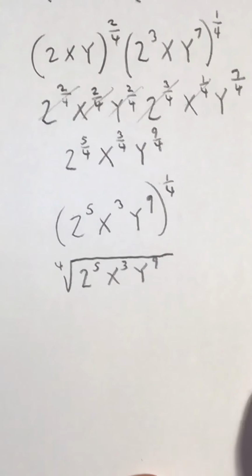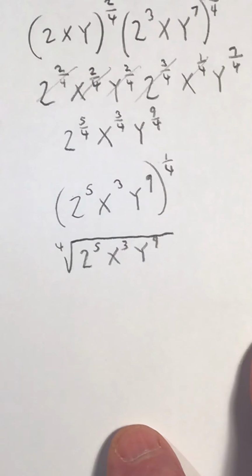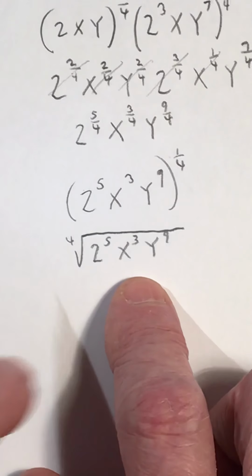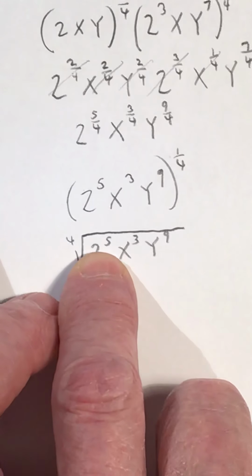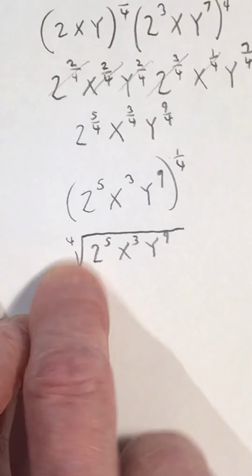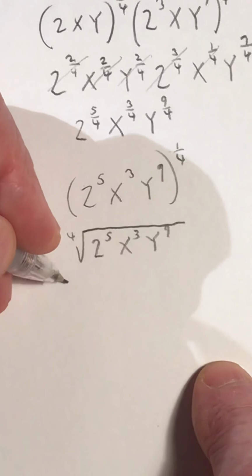This is a pretty good 9 out of 10 points answer if it ever was a question on a test. But notice the power here and the power here is greater than the index, so we want to simplify this.